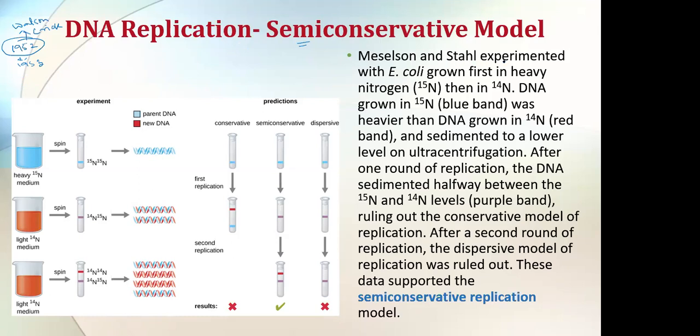Meselson and Stahl used the bacteria E. coli as a model organism, and they began growing that E. coli, Escherichia coli, in a nutrient or growth media, exactly the way you use in the lab. The only thing they changed was that instead of regular nitrogen, they used an isotope of nitrogen.